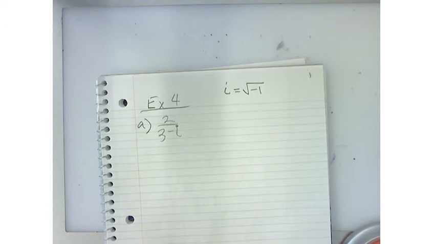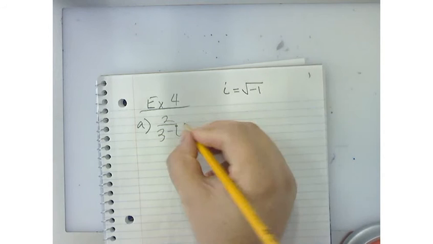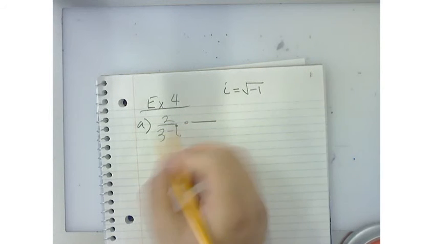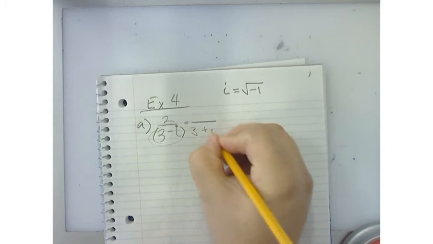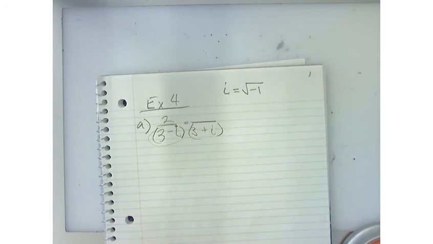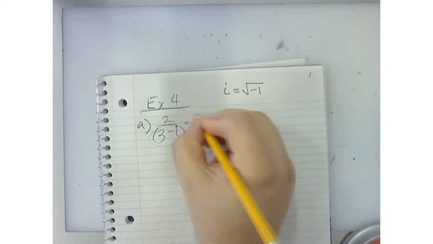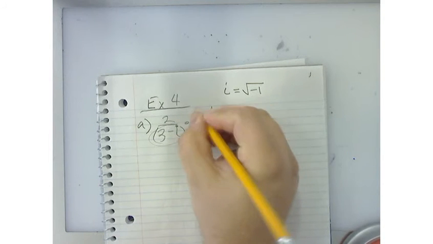Can't do it. So I've got to move that square root up to the top. The way I do that is I multiply by this conjugate, 3 plus i. Whatever you do on the bottom of the fraction, you have to do to the top. So I have 3 plus i on the top.